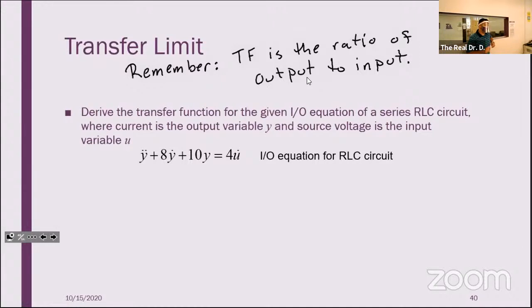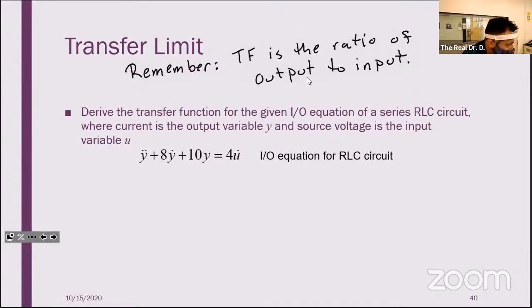I got y(t) over u(t) equals 4D over D squared plus 8D plus 10. For those of you playing at home, Zach said that he got y of t over u of t is equal to 4D over D squared plus 8D plus 10, which is very much correct.